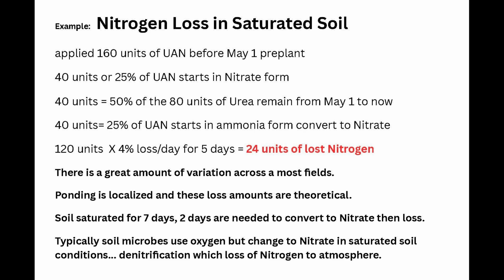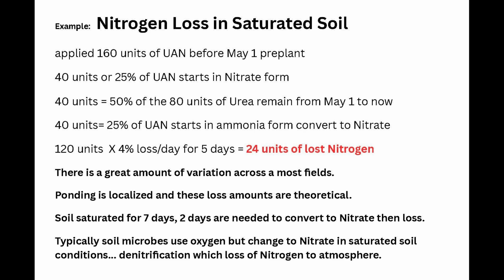One is the nitrate form, 25% of it's already in that form, and then 80 units would be in urea. And in this example, we're saying 50% of that is left and hasn't transferred to nitrates to give us 40 units there. And then finally, 25% of that 160 comes from ammonia and has converted to nitrates. So we got 120 units to work with.